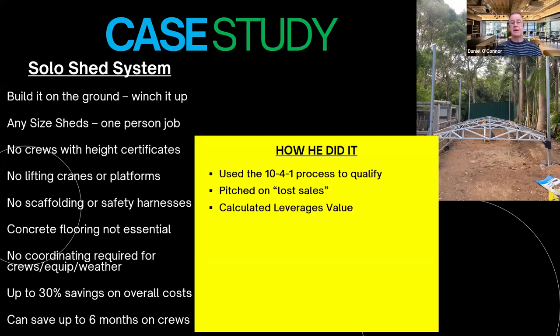Now, we calculated in the leverages value, and I'll show you how he did that later on. We've restricted the offer geographically because David wanted to give away 50% of his project on a joint venture. He formed a joint venture company, gave 50% to one of these groups, and he owned 50%, and they jointly did this, but it was only for Australia.